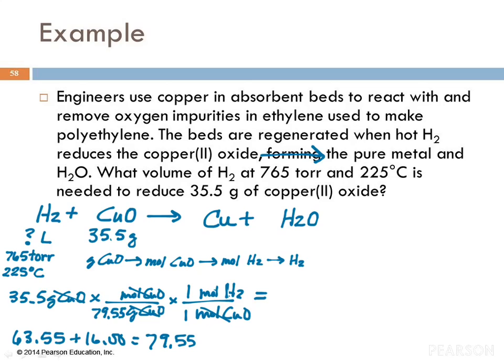35.5 divided by 79.55 is 0.44626, 3 sig figs, moles of H2. So we need to use PV = nRT and find the volume in liters.